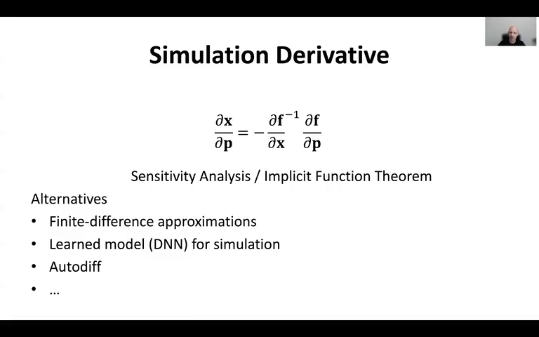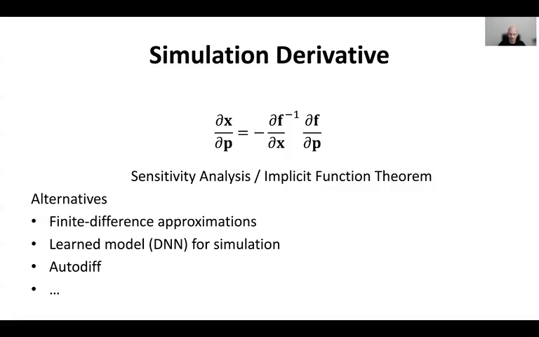If there are very few parameters, let's say, then we can compute this derivative with a few simulations only, and that might make sense depending on the application. If we go into a higher number of parameters, however, then this quickly becomes infeasible because the number of simulations that we have to run grows very rapidly, and then it becomes computationally intractable, or at the very least not attractive anymore.